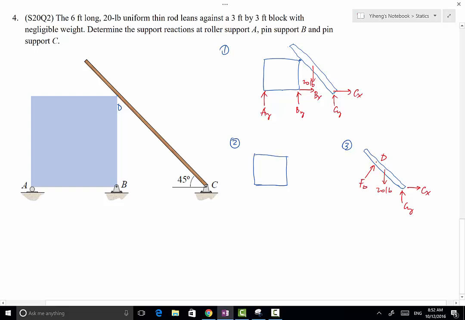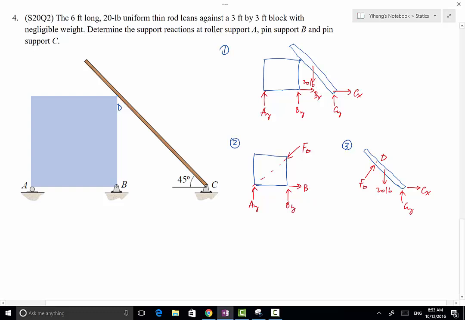Normal to the rod is a normal force, which means that on free body diagram 2, we have a force FD here. We don't know the magnitude yet, but we already know the direction. This FD force is at a 45-degree angle with the horizon, which means that its line of action is like this. And then we have AY, BX, and BY.